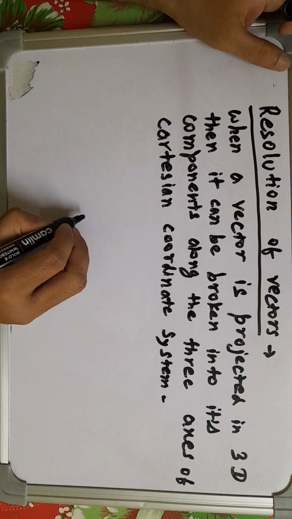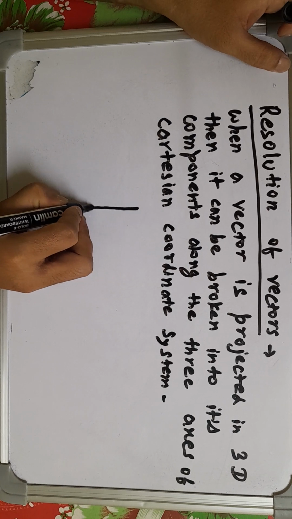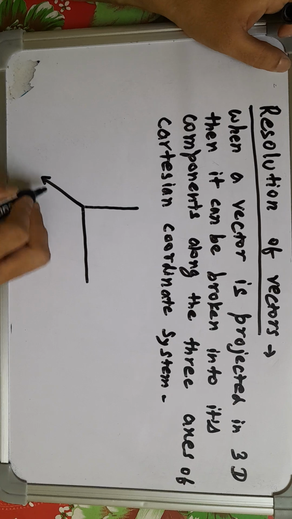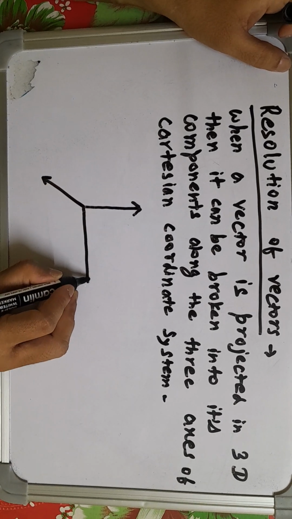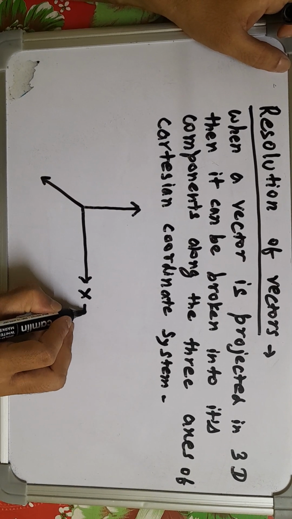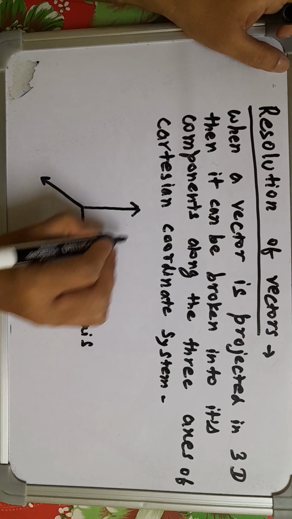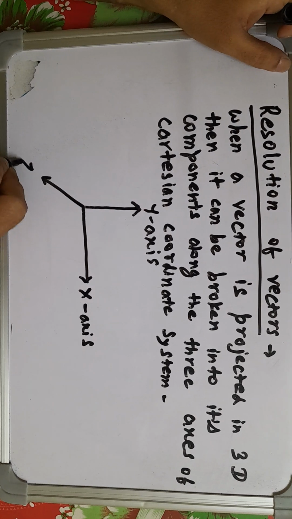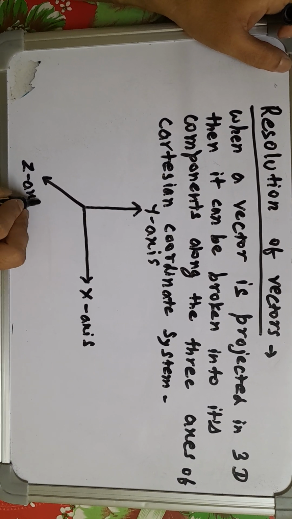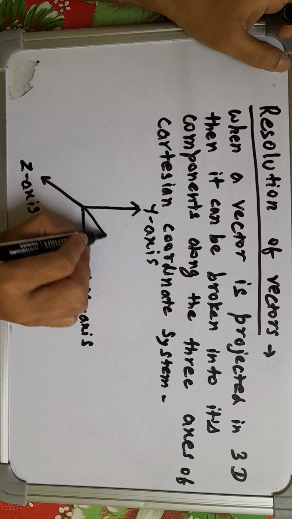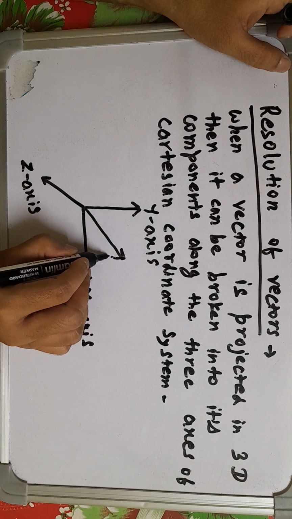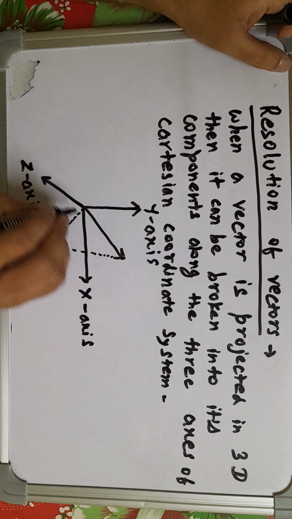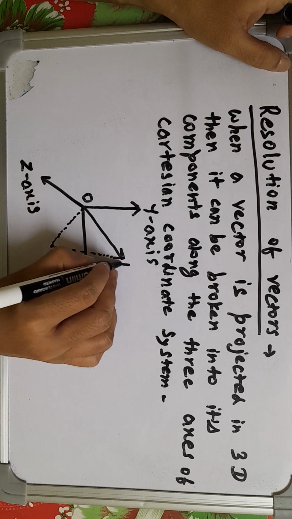the Cartesian coordinates. Let us suppose this is the x-axis, this is the y-axis, this is the z-axis. Let us suppose this is a vector, this is OA.